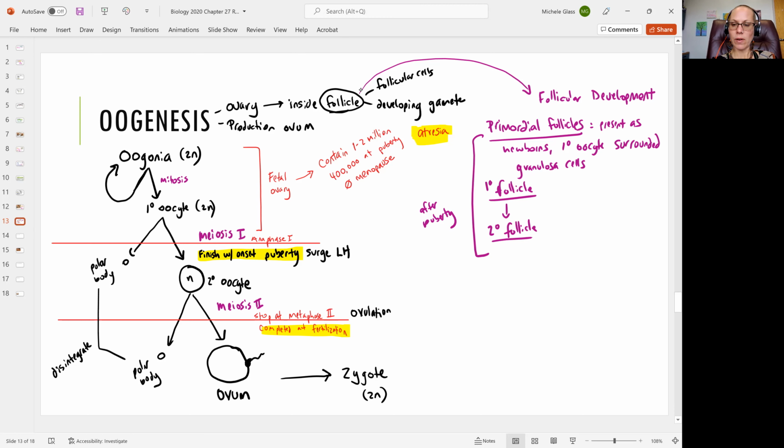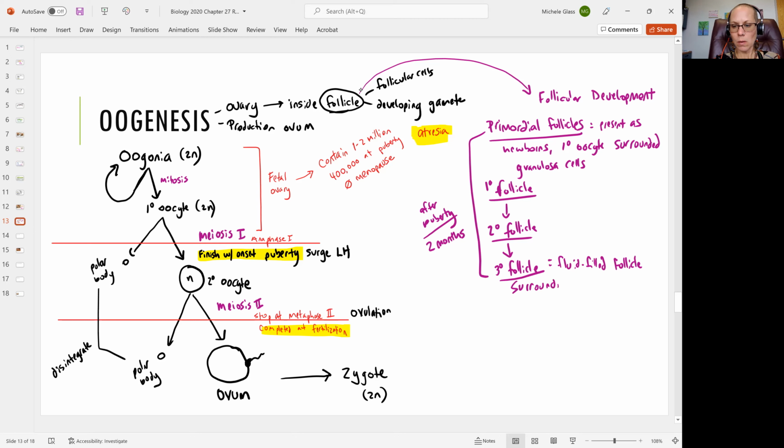And from the secondary follicle, we see a tertiary follicle. And we're seeing that it takes about 2 months for a primordial follicle to go through the development to get to be called the tertiary follicle. And this is basically a fluid-filled follicle surrounding that secondary oocyte.